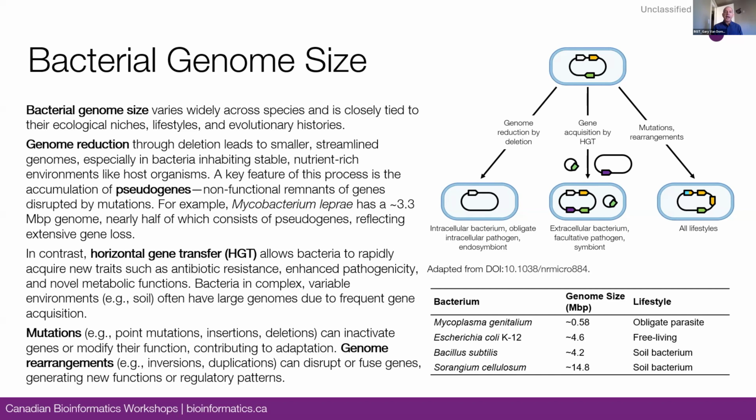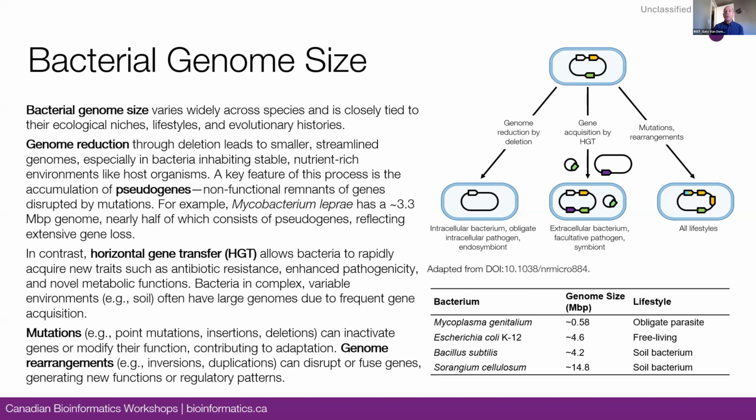And so they will start to accumulate errors in these genes that are no longer needed, and the genes will become inactivated. These are called pseudogenes. Over time, they can become deleted because it's not energetically or evolutionarily favorable to maintain inactivated genes. That results in a shedding of the genome structure over time and a reduction in the size of the genome.